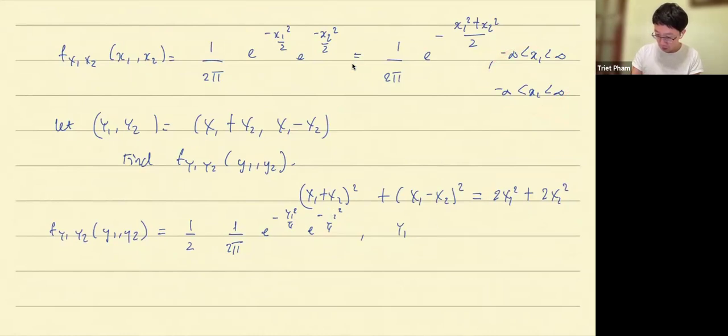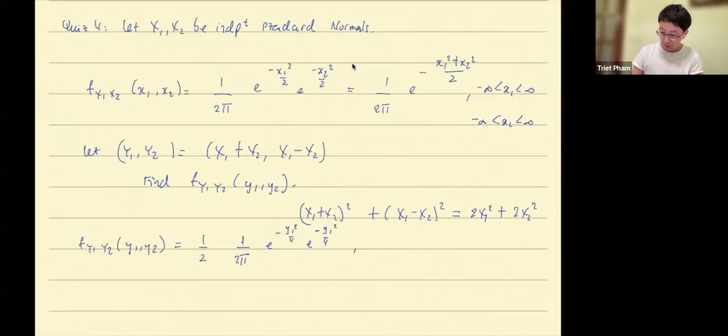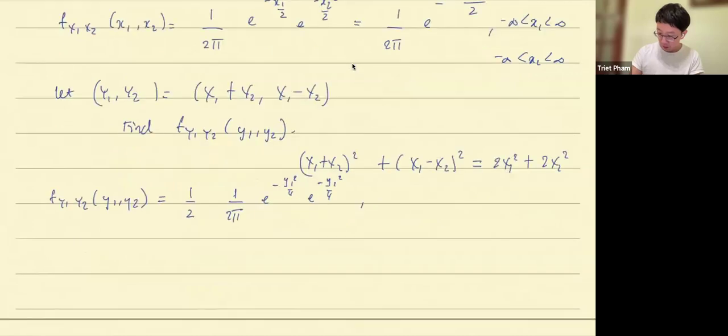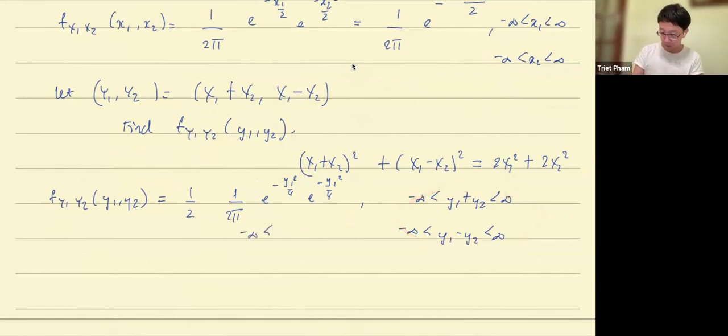Sorry, this is lowercase y. So you can say minus infinity less than y1 plus y2 less than infinity, minus infinity less than y1 minus y2 less than infinity, which is probably a healthy habit to do. But if you investigate this, you see that it has no restriction.